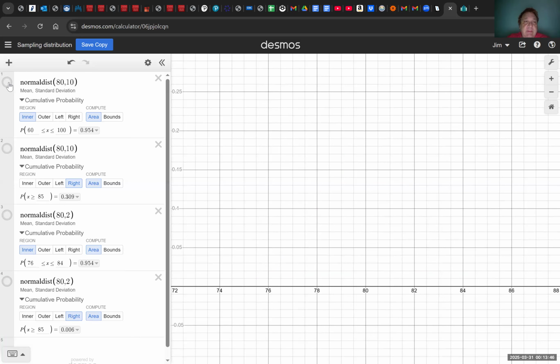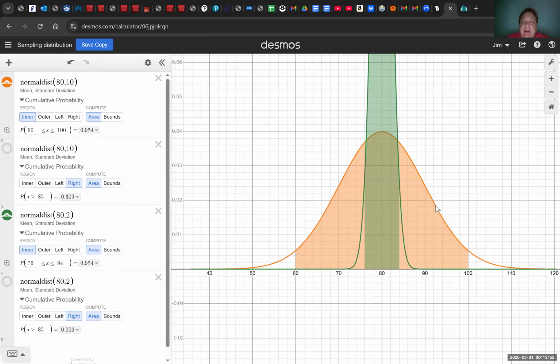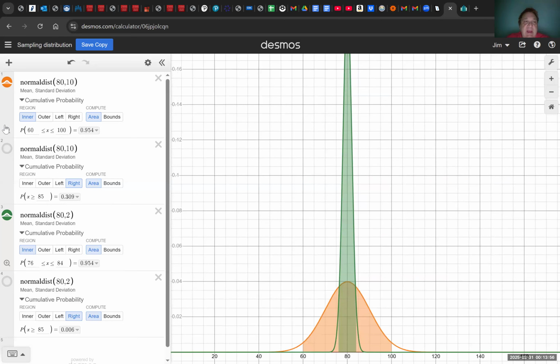And if we put it all together, let's get rid of this, bring back this, rescale it, zoom out a little bit so you can see the bigger picture. So this guy right here is the original distribution, 85 and above. And this guy here is the sampling distribution, and 85 and above is just this little smidgen in here, right?